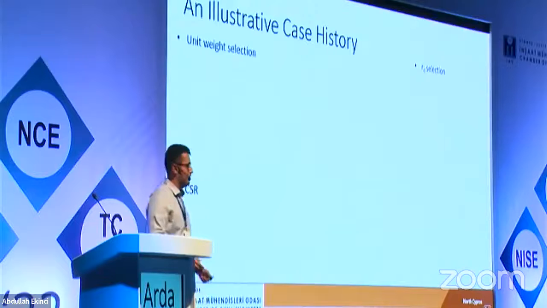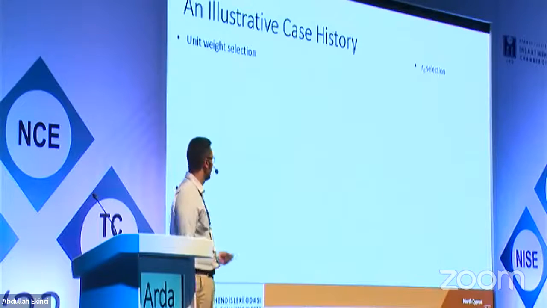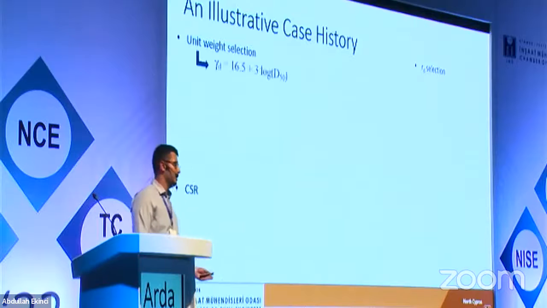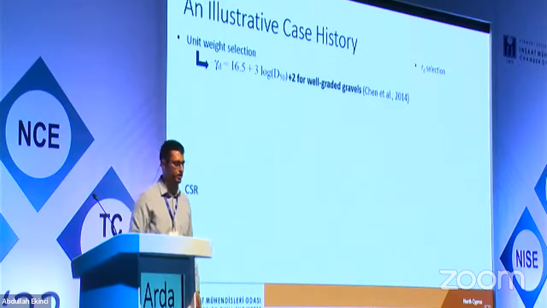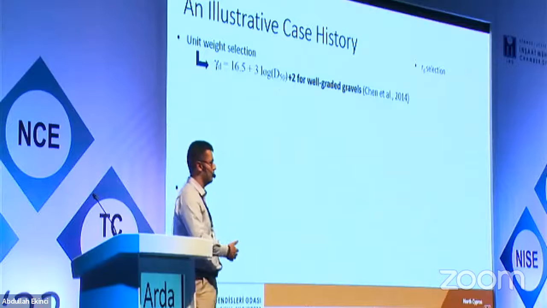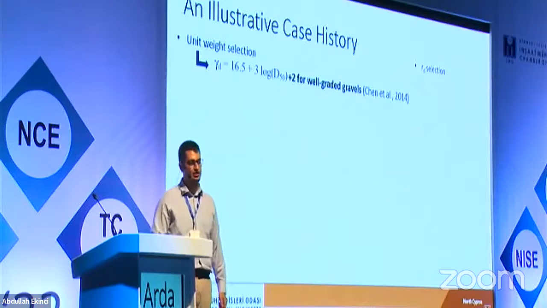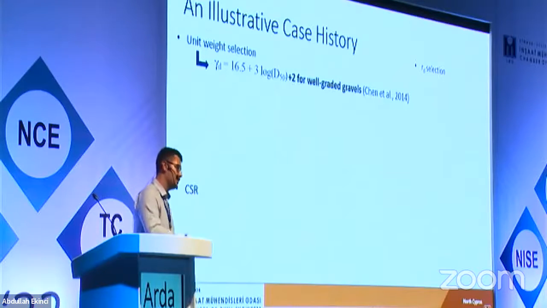So for this procedure, I have to select some other parameters. First, unit weight. For unit weight, I used a correlation between D50 and dry unit weight. This is proposed by Chen, and it is correct for well-graded gravels, so it is a good estimation for my sites.